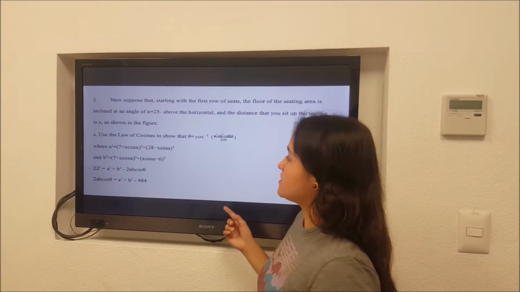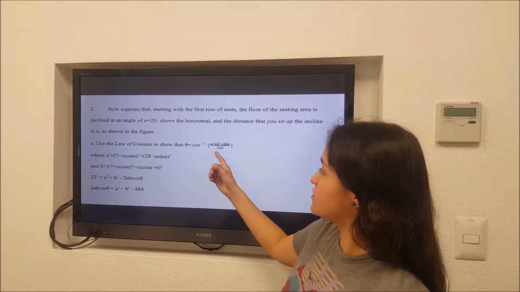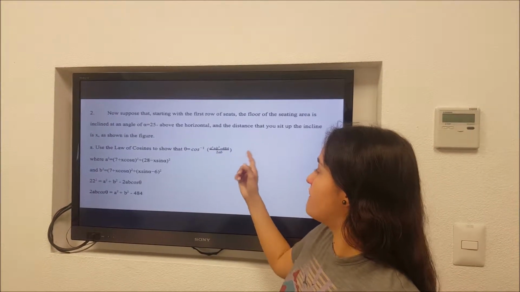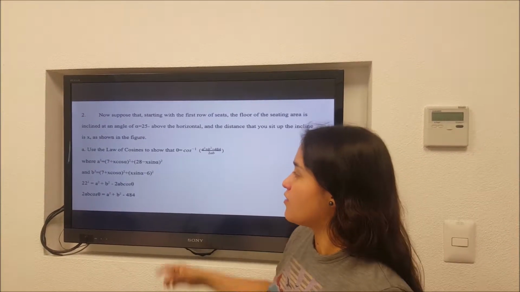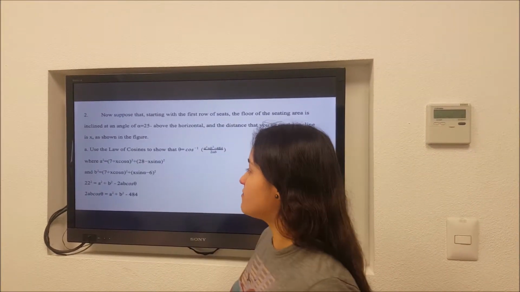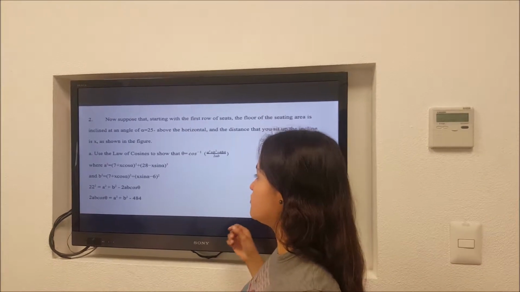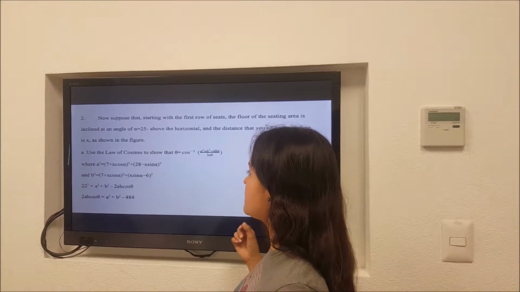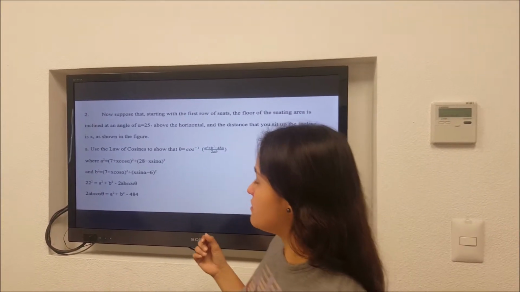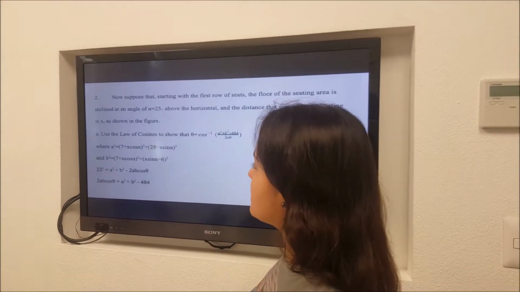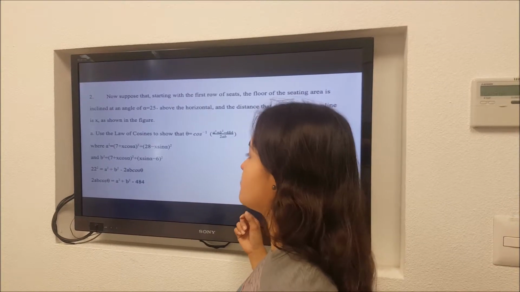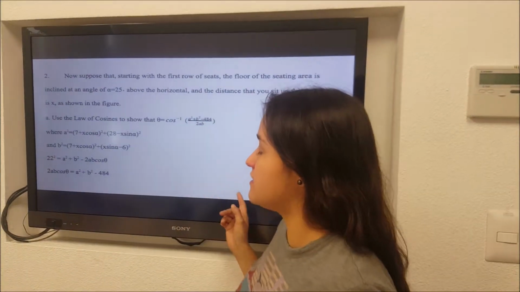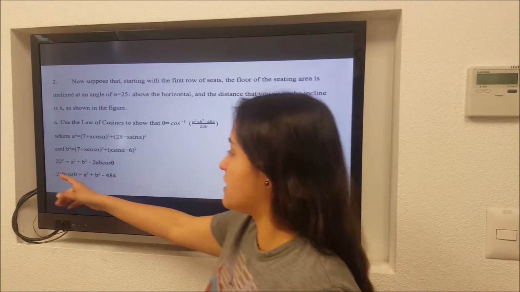A. Use the law of cosines to show that theta equals inverse cosine of a squared plus b squared minus 484 over 2ab, where a squared equals (7 plus x cosine of alpha) squared plus (28 minus x sine of alpha) squared, and b squared equals (7 plus x cosine of alpha) squared plus (x sine of alpha minus 6) squared. So as we had seen in the figure, 22 was one side.